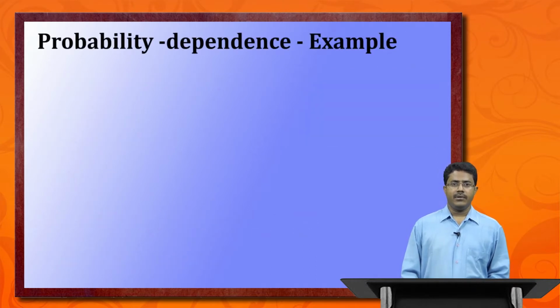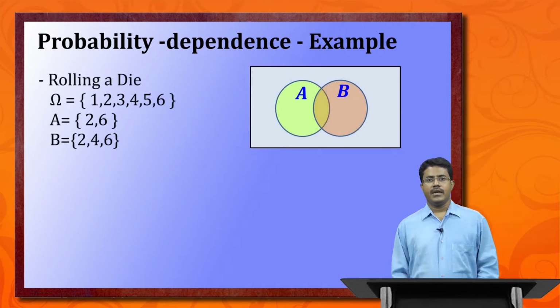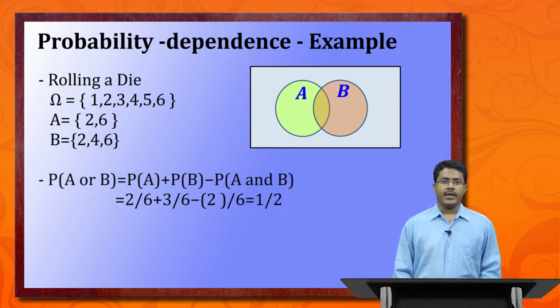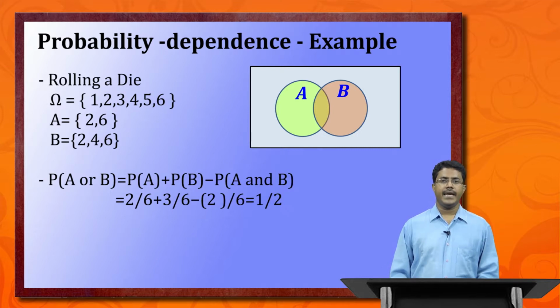We will take another example with rolling a die. The sample space is 1, 2, 3, 4, 5, 6. We consider two events: event A is 2 and 6, and event B is 2, 4, 6. These have some intersection. So we will calculate P(A or B), which is P(A) plus P(B) minus P(A and B).